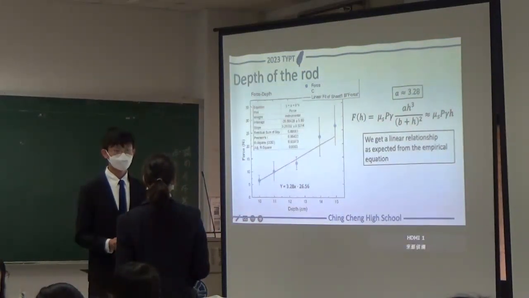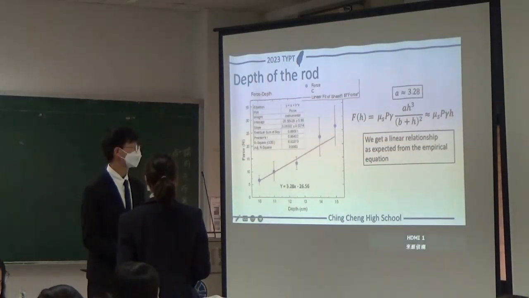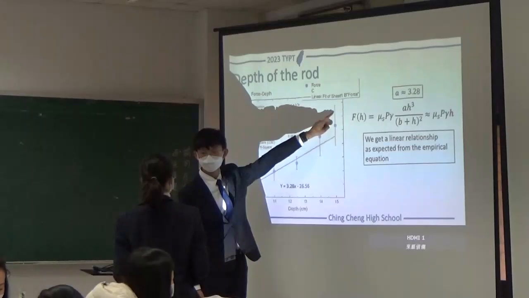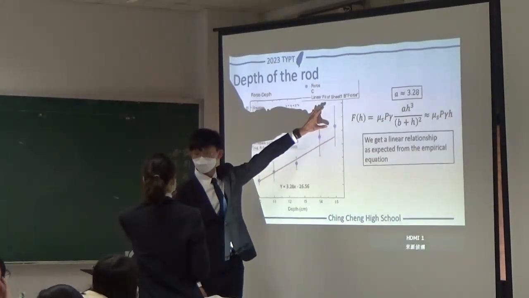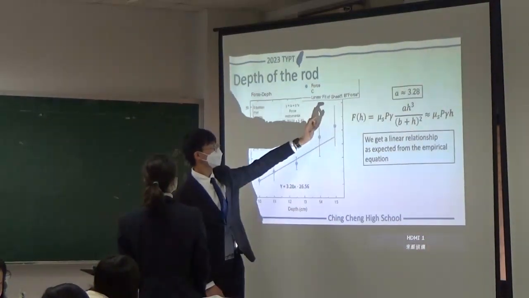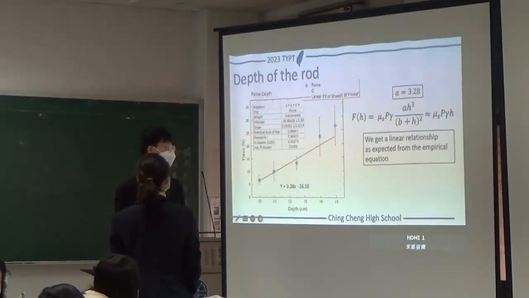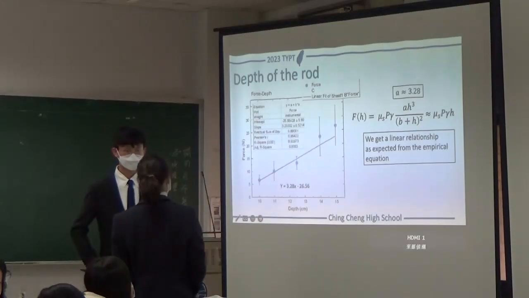You say the maximum value? Yes. But this is the error in our experiment, so I think you can't use just the one maximum data. You can use this data to prove the phenomenon. I agree with you, good.